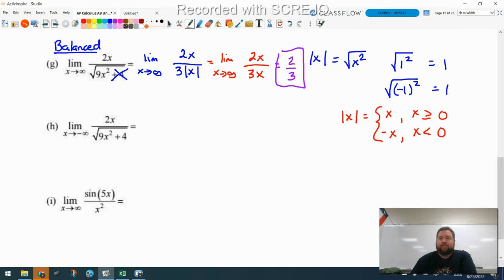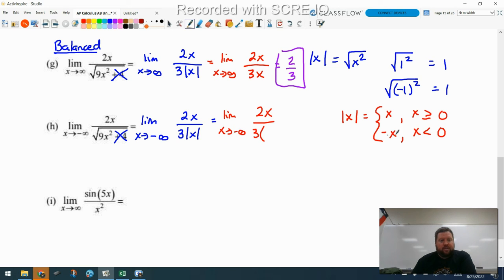How does it change over here? A lot of the same first steps. We don't care about the 4. We can rewrite this as the limit as x approaches negative infinity of 2x over 3, absolute value of x. Then we can rewrite that as the limit as x approaches negative infinity of 2x over 3 times, but since we're going to negative infinity this time, we're now on the bottom part of our piecewise.